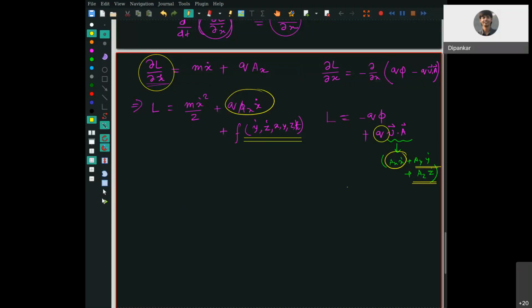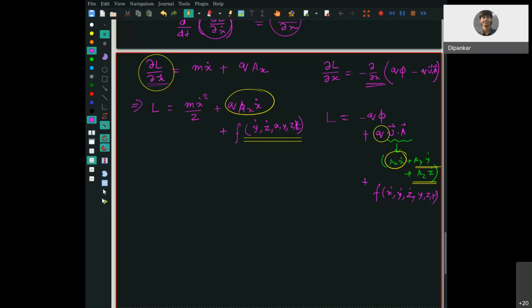Also, I can add a function of x dot, y dot, z dot and y and z and t, because I am already talking about del x here.